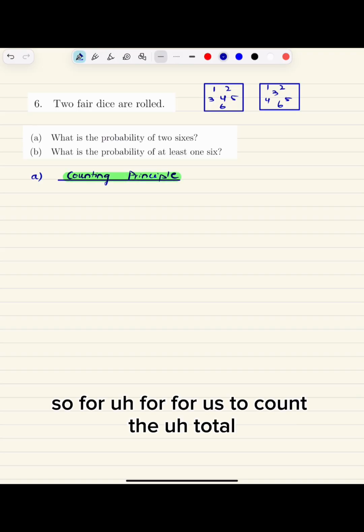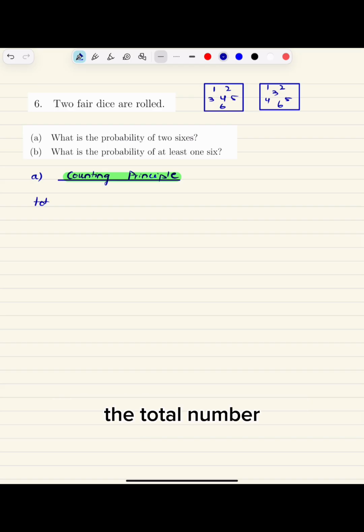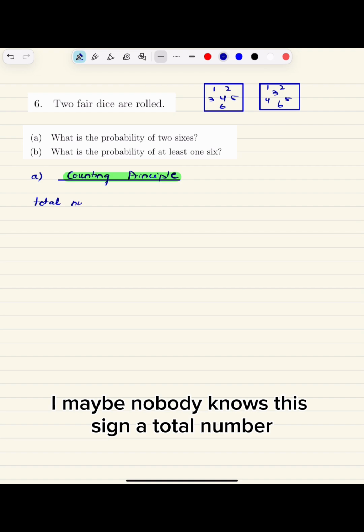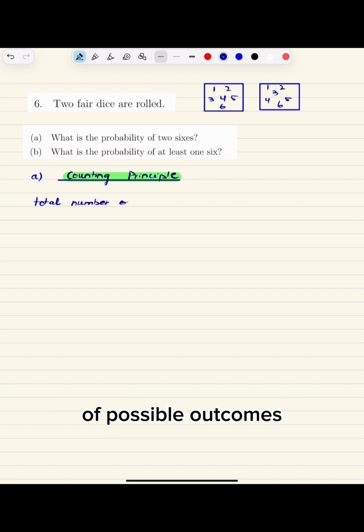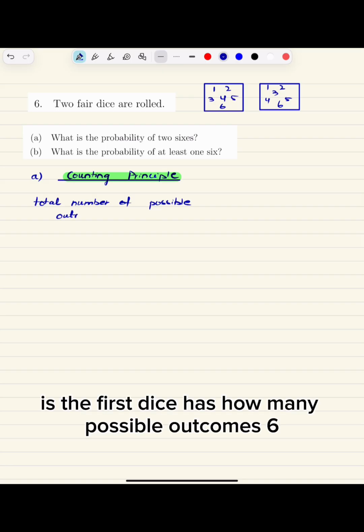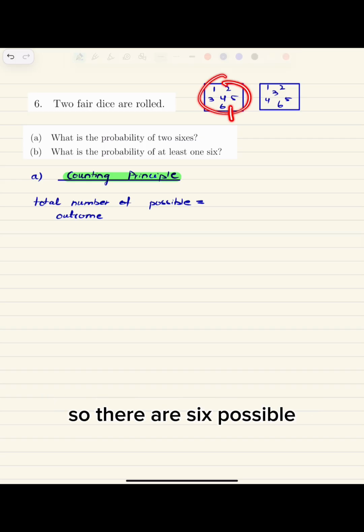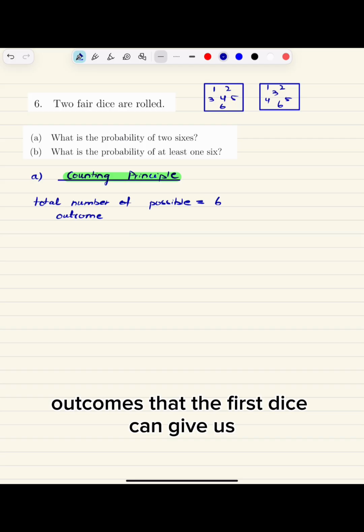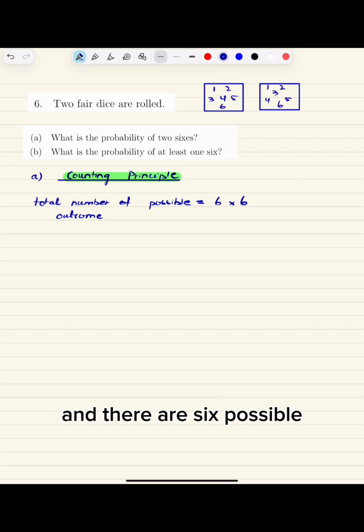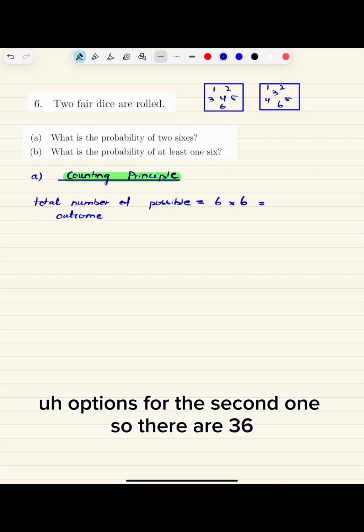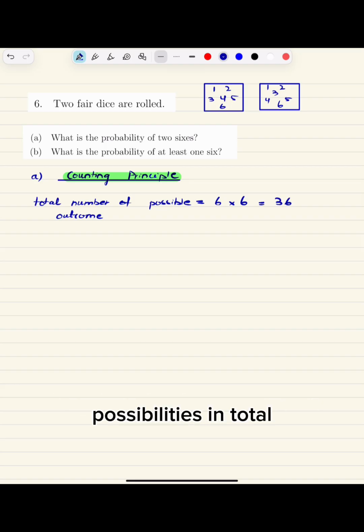For the total number of possible outcomes, the first die has how many possible outcomes? 6. There are 6 possible outcomes that the first die can give us, and 6 possible options for the second one. So there are 36 possibilities in total.